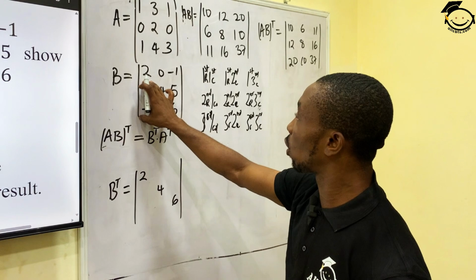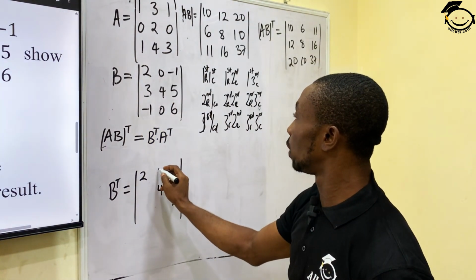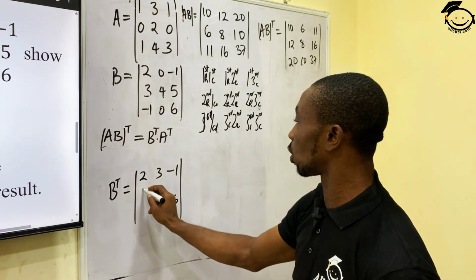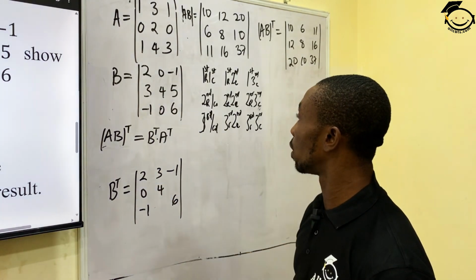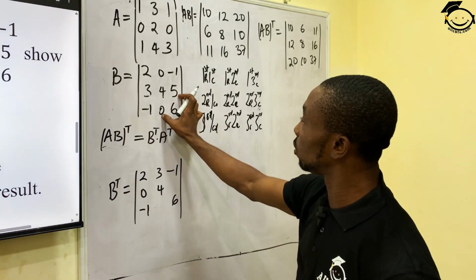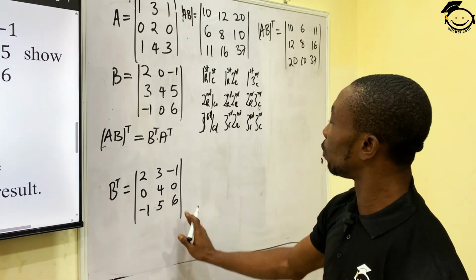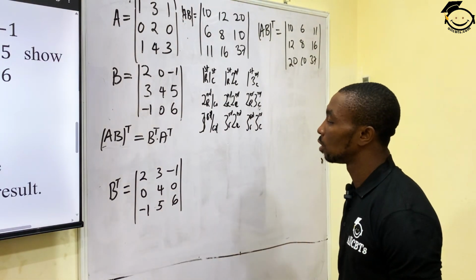Then change our columns to rows, which becomes 3 and minus 1, and our rows to columns, which becomes 0 and minus 1. Now we interchange the two remaining digits as 5 and 0. Now this is our B transpose.